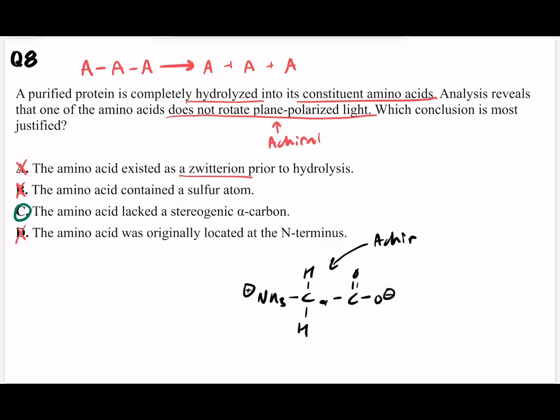In order to be chiral, remember you need to have 4 unique groups around the alpha carbon. But glycine only has 3 unique groups. It has an amino group, a carboxyl group, but then it has 2 hydrogens, which are obviously the same as each other, and therefore this makes glycine achiral and not able to rotate plane polarized light. There we go.